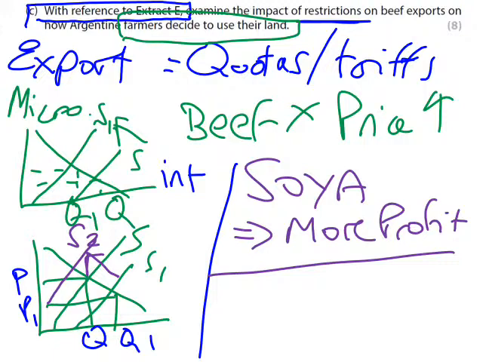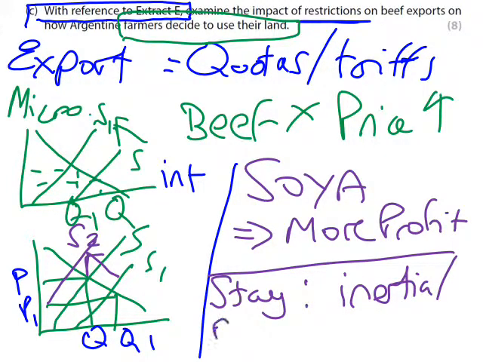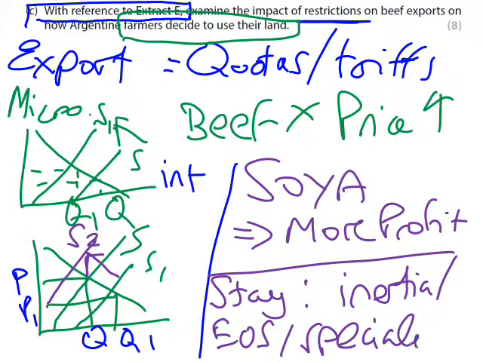You then also have that evaluation of why they may stay in the beef market. So that's one likely thing to happen, is that they may switch their crop. If they stay, you're looking for irrational behaviour, things such as inertia or economies of scale or specialisation, keeping the farmers in those markets.